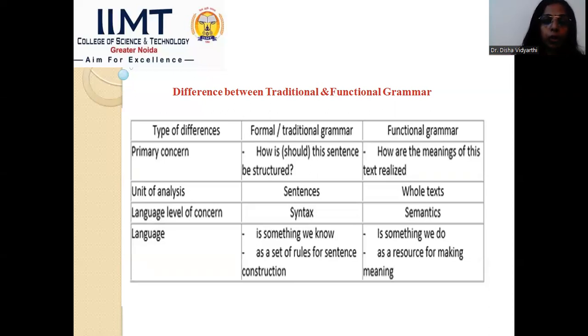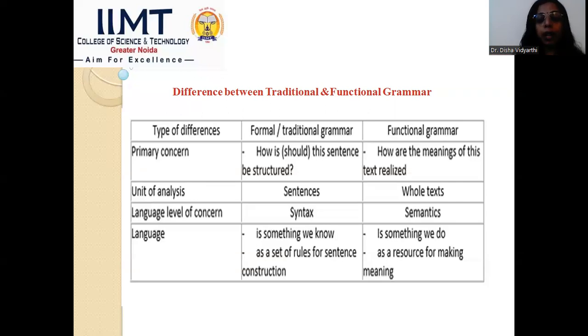Where should the verb be, where should the helping verb be, what are the parts of those sentences, like phrases, clauses, what is subject, predicate. All these little technicalities gradually grow, and then you get into the core or the more difficult structure of the grammatical rules. So this is the language concern in traditional grammar: the set of rules for how you form the sentence is very, very important.